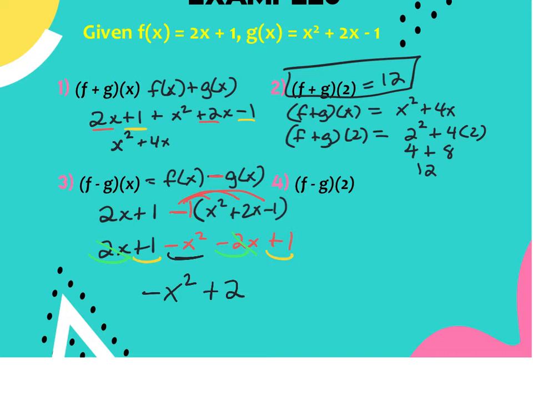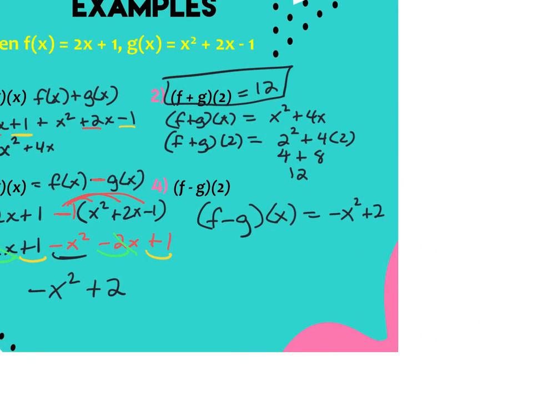Notice the next one, it's still using the same functions, and they still expect me to subtract them. So we just found f minus g of x, and we simplified that to negative x squared plus 2. Now what I'm going to do is take that simplified function, and let me move it so you guys can see it's behind the gallery. And now I'm going to do the same thing, but plugging in a 2 for x.